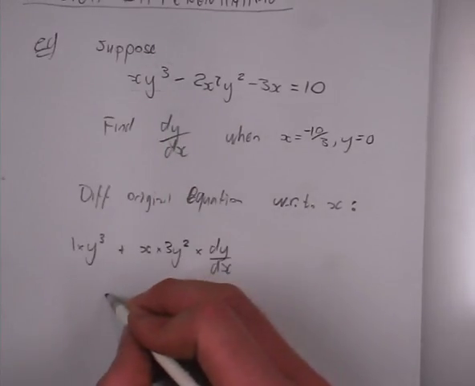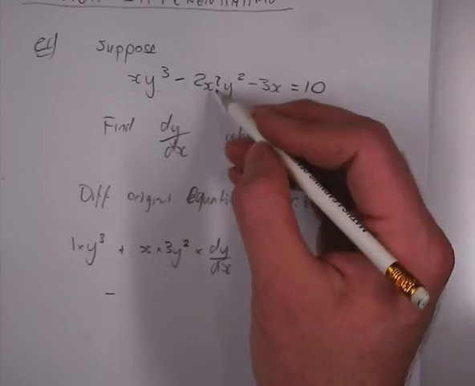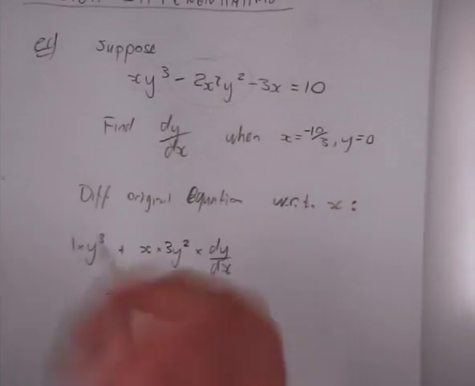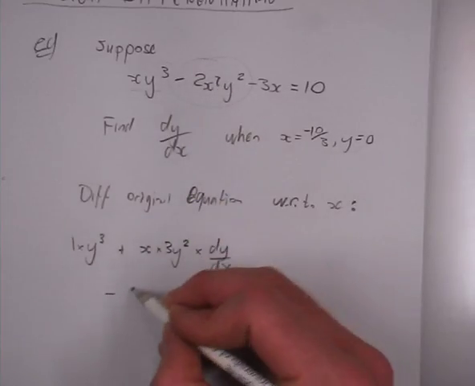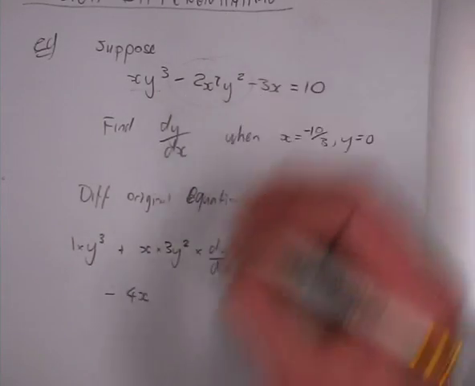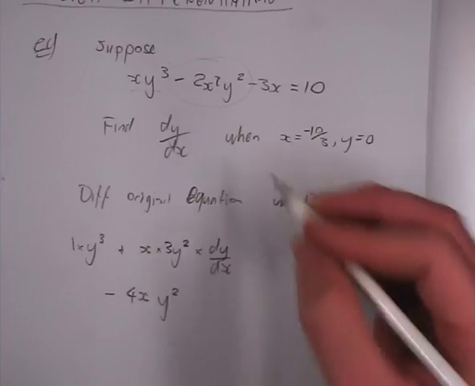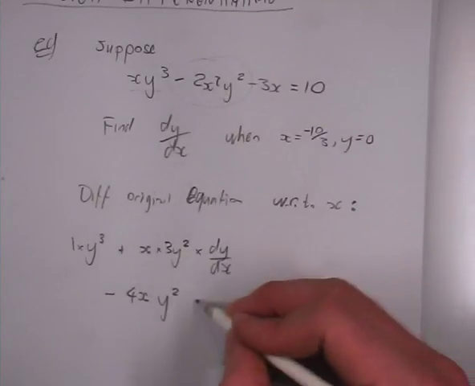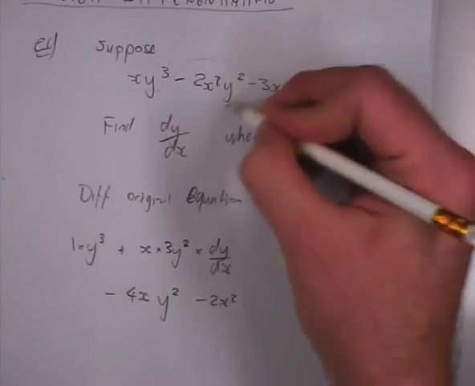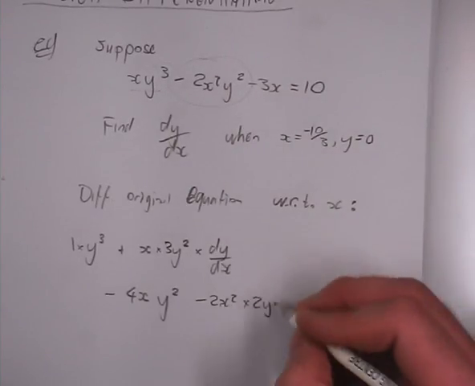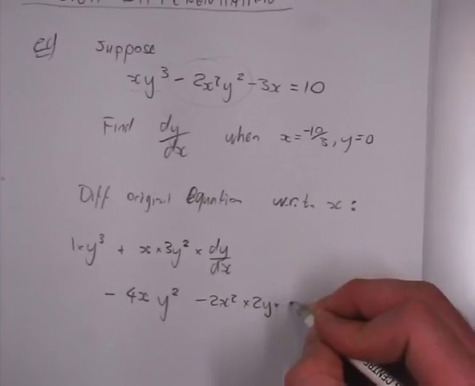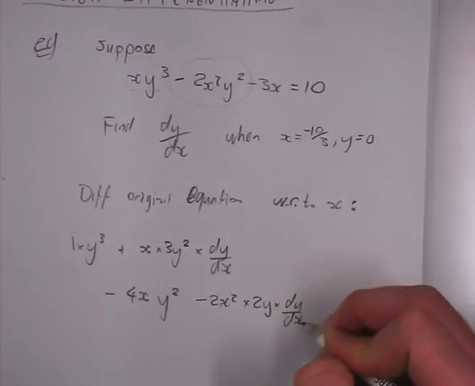So now the next bit, I'll differentiate that. So I'll differentiate the minus 2x squared, which is minus 4x, and I'll keep the y squared. And then I'll keep the minus 2x squared, and I'll differentiate the y squared, which would be 2y times the derivative of y because of the chain rule.